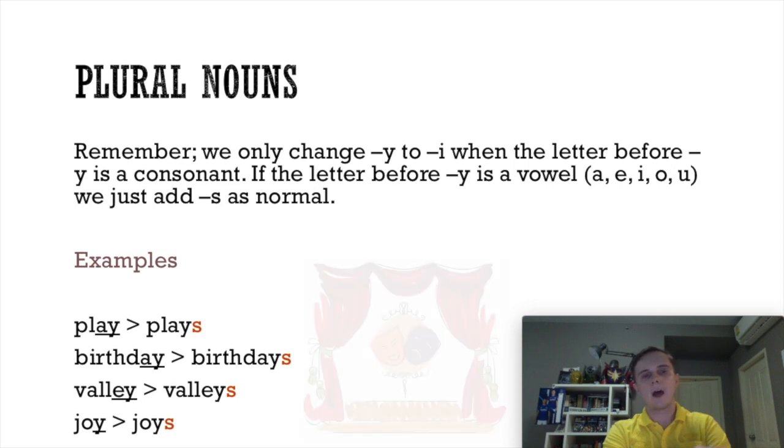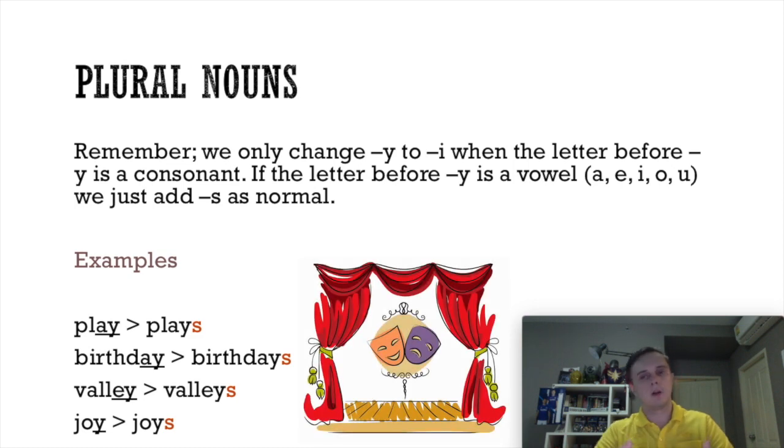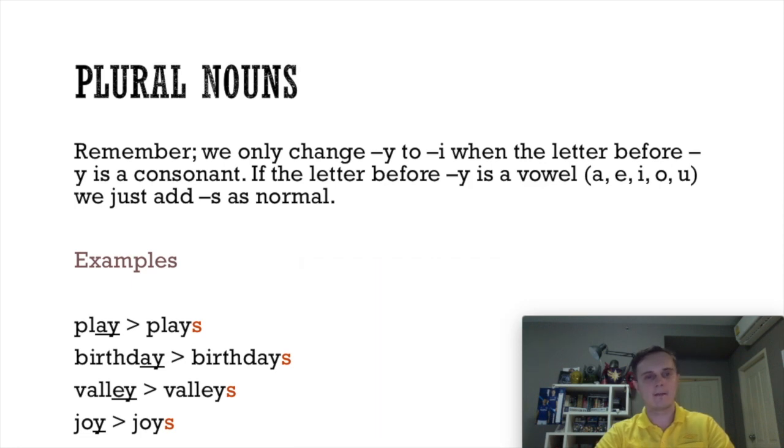So the noun play, not like play football because that's a verb, but play like I went to see a play. A play is like people acting on a stage. So the noun play ends with AY. A is a vowel. A-E-I-O-U, A. Then you've got Y. So you just add S to the noun. Plays, P-L-A-Y-S.